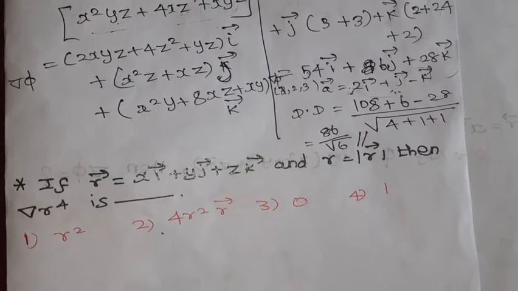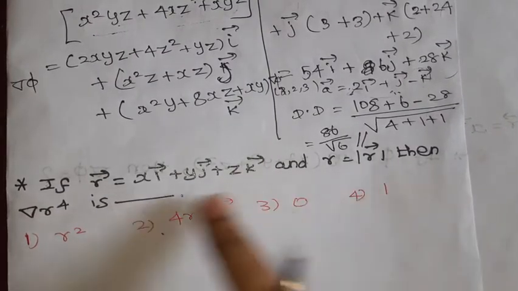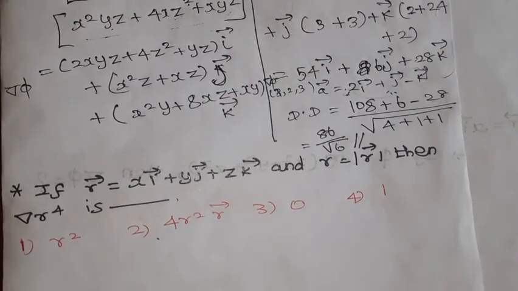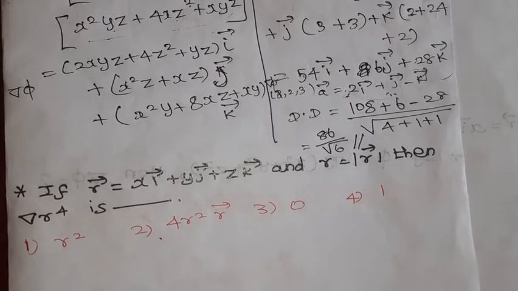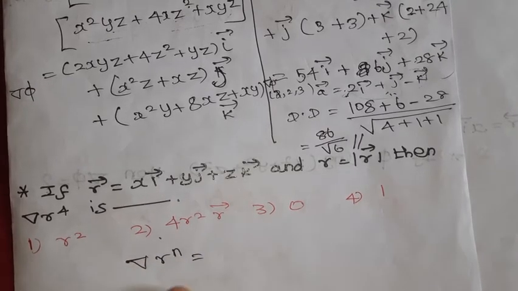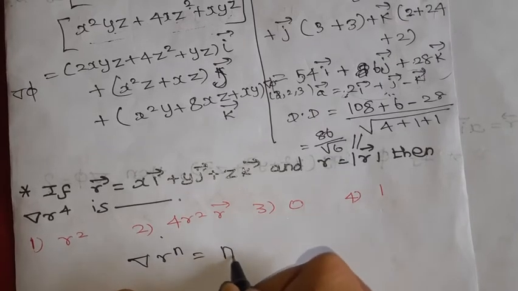Then if r equal to xi plus yj plus zk and r is the magnitude of the r vector, then del r power 4 is what? We have solved this previously, this is a standard formula, and we have proved this theorem.